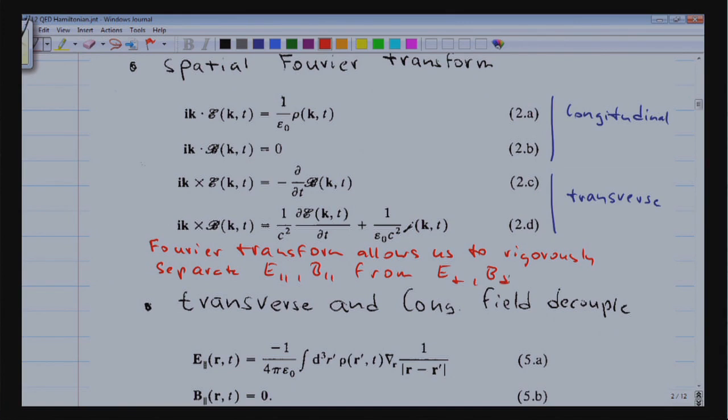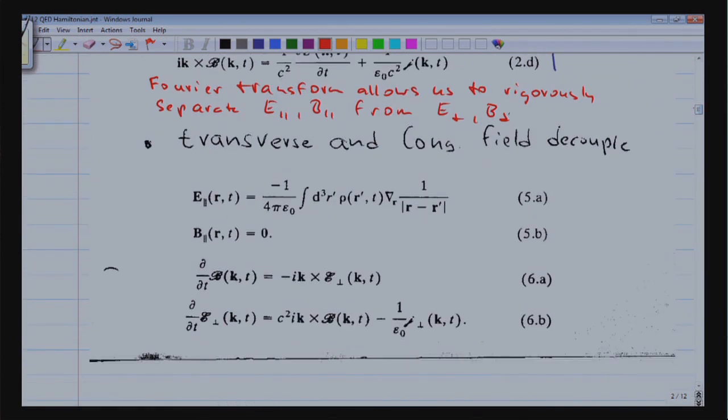So of course, you can also now get back what is the longitudinal field, not in Fourier space, but in position space, by just taking the longitudinal or transverse components of the Fourier transform and transforming them back. Why I'm elaborating on that is we will see in the next few minutes that the transverse field is the field which propagates, the longitudinal field is the Coulomb field, it belongs to the atoms and will not become a new degree of freedom. And we see that immediately in the next equations.